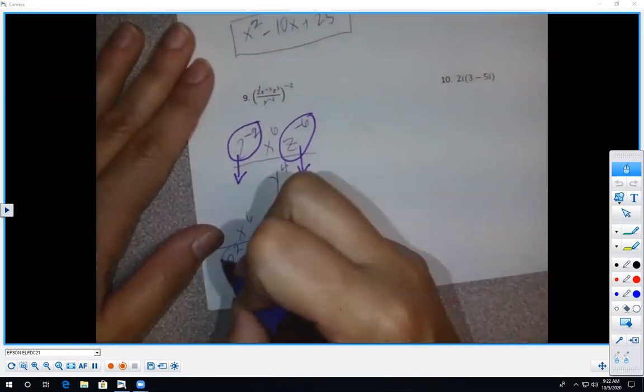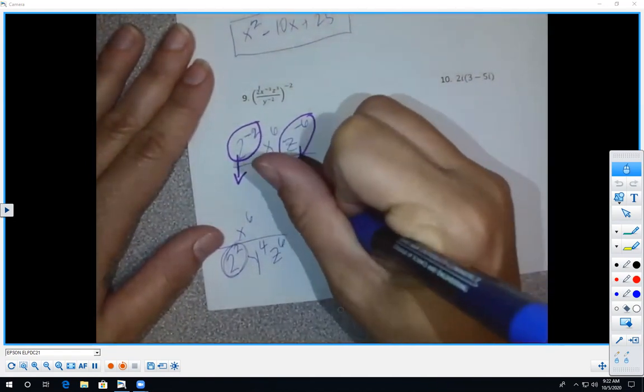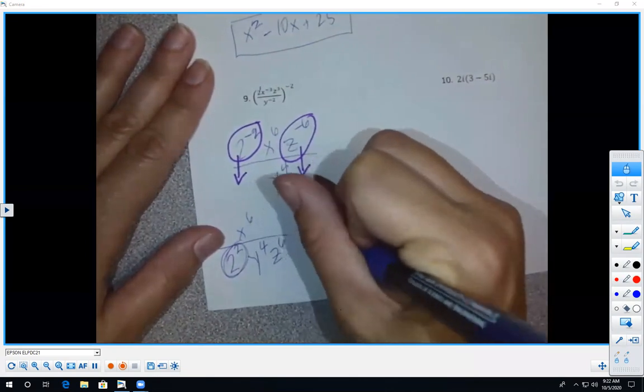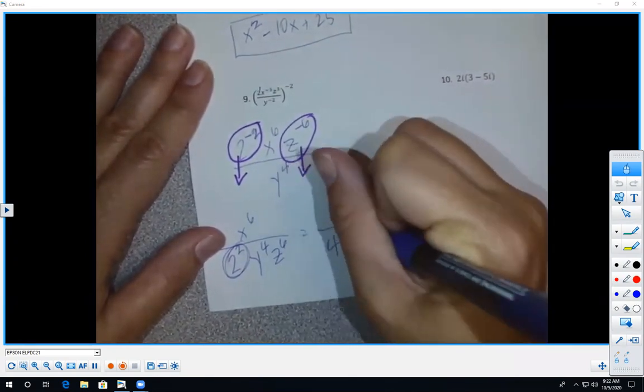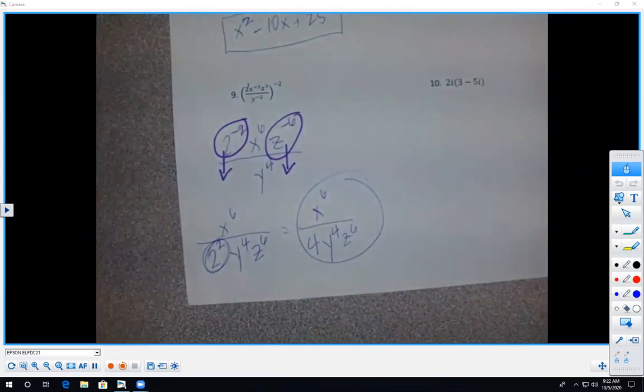And 2 to the positive 2 is 2 squared, which is 4. So it's going to be x to the 6th over 4, y to the 4th, z to the 6th. Questions about that?